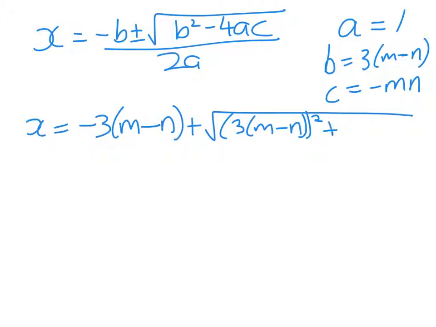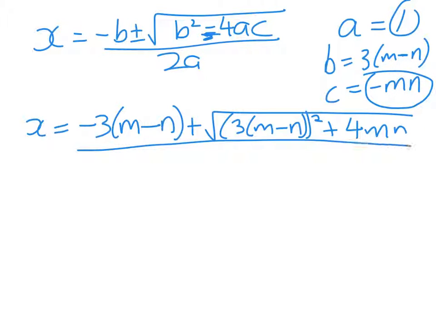So plus 4mn. This is a negative, this is a positive, and it's minus here. So we're going to have to do some work on that discriminant term. Divided by 2a, so divided by 2. So what's x?